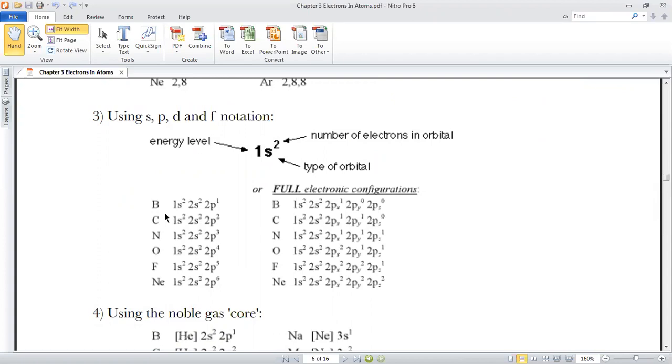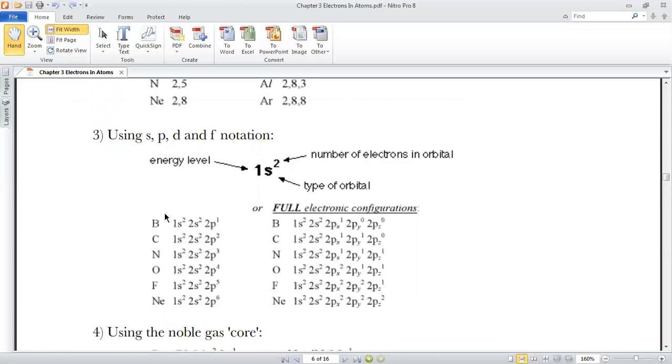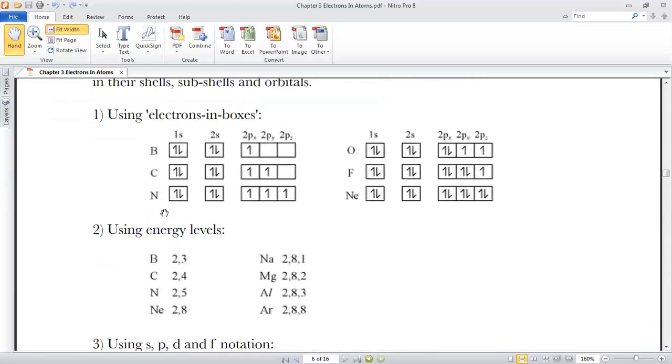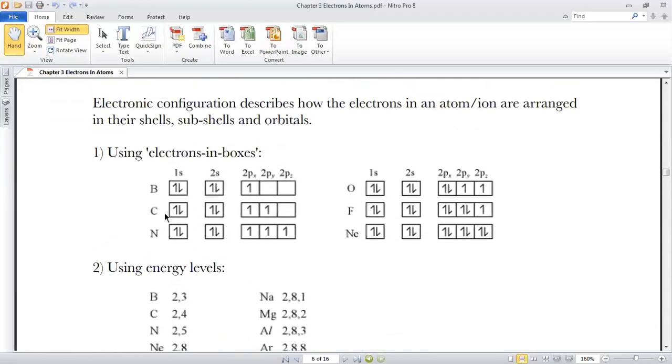But in case of arrows, you have to draw these boxes, and then the boxes will have electrons in the form of half-headed arrows. Please see that. For boron, we have a total of 5 electrons, so we know that it's 1s2, 2s2, and 2p1.